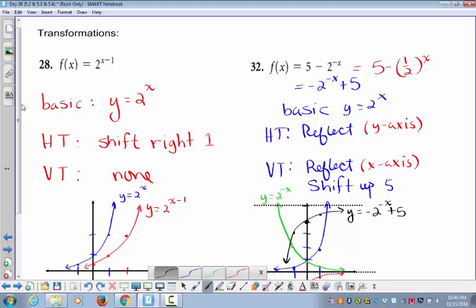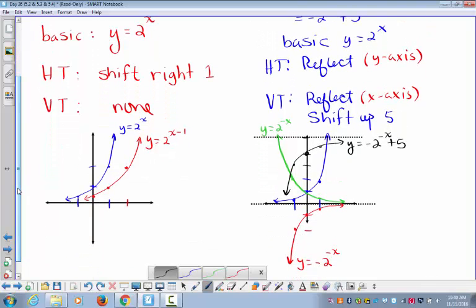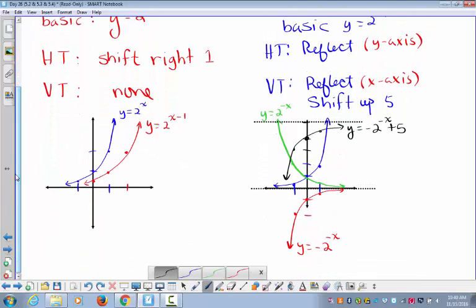And then that leading minus is a vertical reflection through the x. So the green is simply the one inner reflection right there through the y-axis. And then when we throw the minus to the front, that is what's going to trigger the reflection through the x-axis.